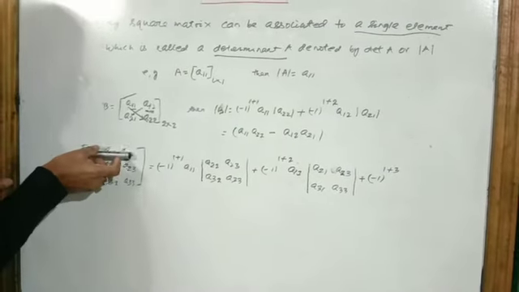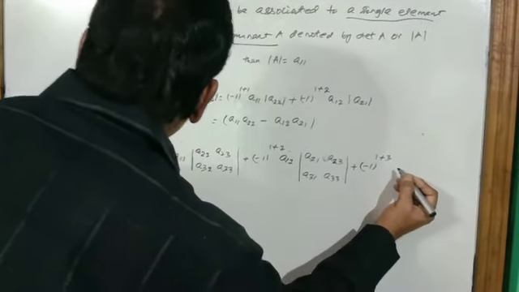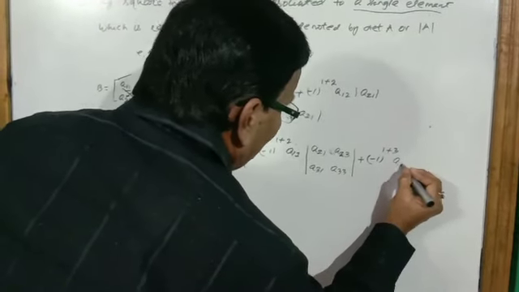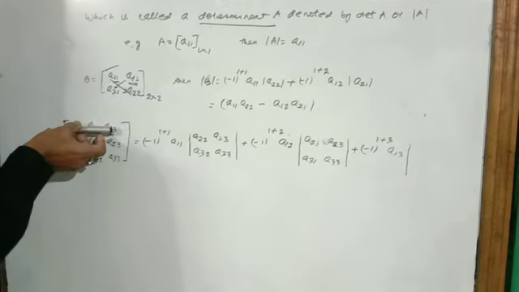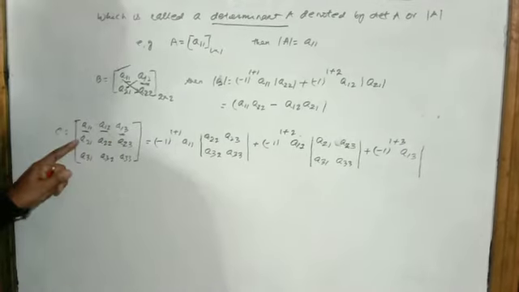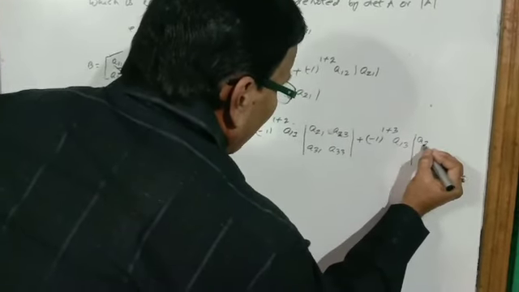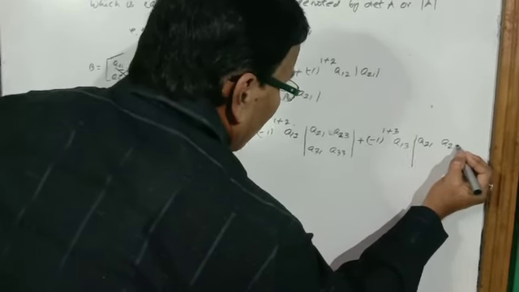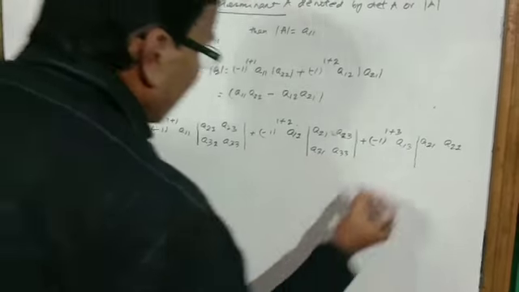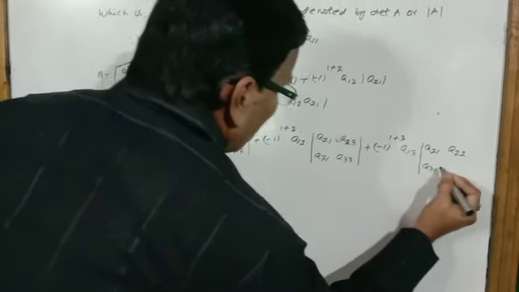Again you omit first row and third column. So we are getting that element A13 into the determinant after omitting first row and third column, we are getting the determinant of A21, A22, A31, A32.